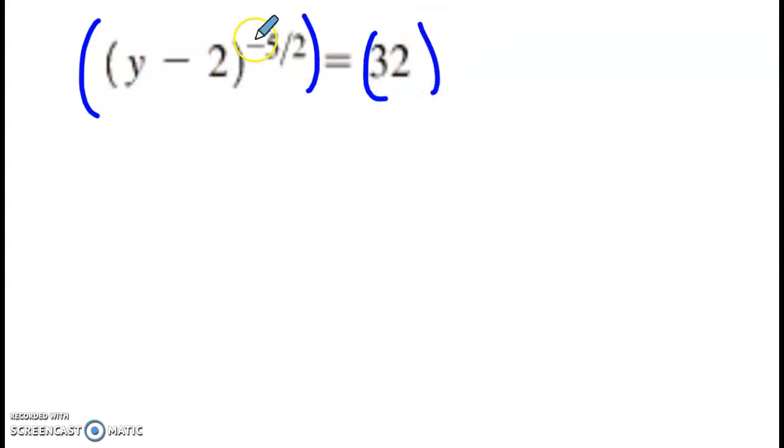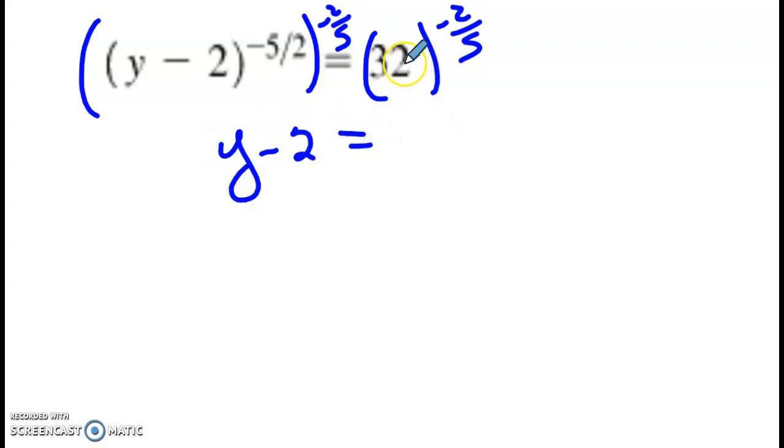y minus 2 to the negative 5/2 equals 32. Let's raise it to the negative 2/5. Right? We want to raise each side to the reciprocal. So if this is negative, I raise it to a negative. Negative 5/2 times negative 2/5 is 1. So y minus 2 to the 1 equals 32 to the negative 2/5, which is 1 over 32 to the positive 2/5.